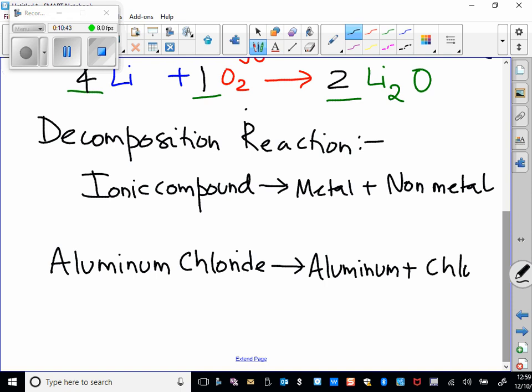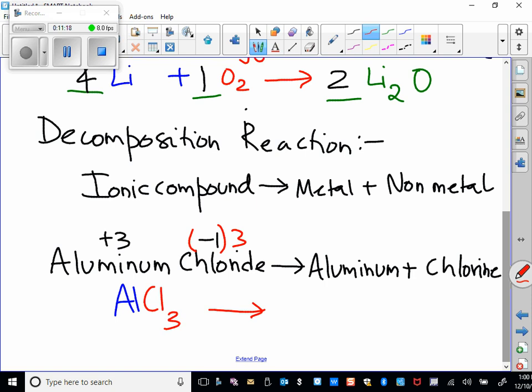plus chlorine. Now, what is the formula for aluminum chloride? AlCl3. Why? Because aluminum is a +3, chlorine is a -1, so you end up multiplying this side by a 3. How will you write aluminum?